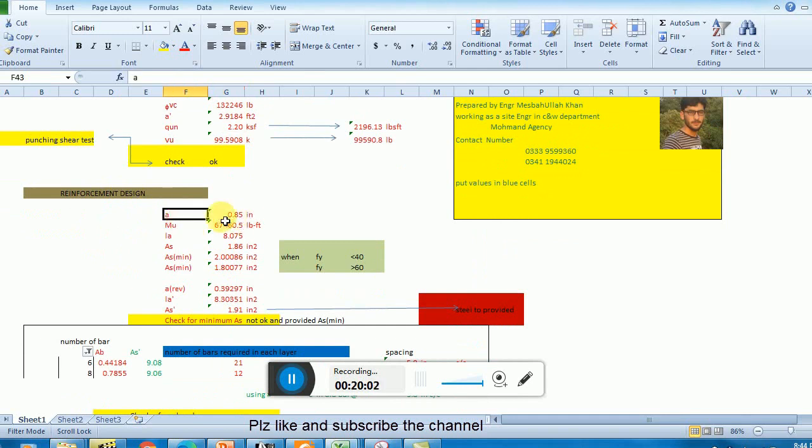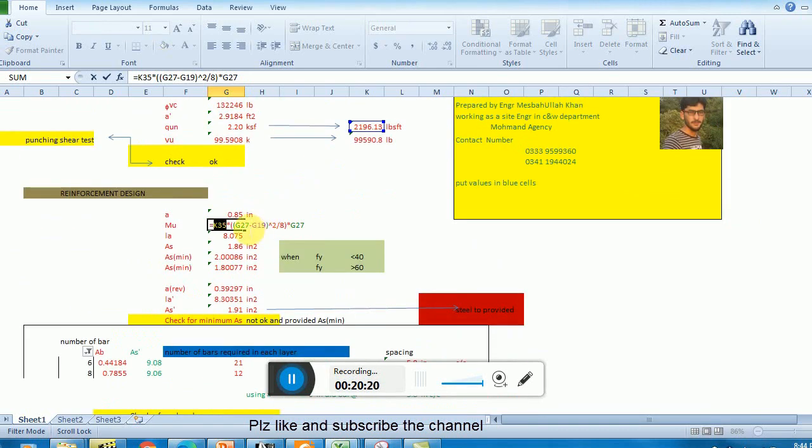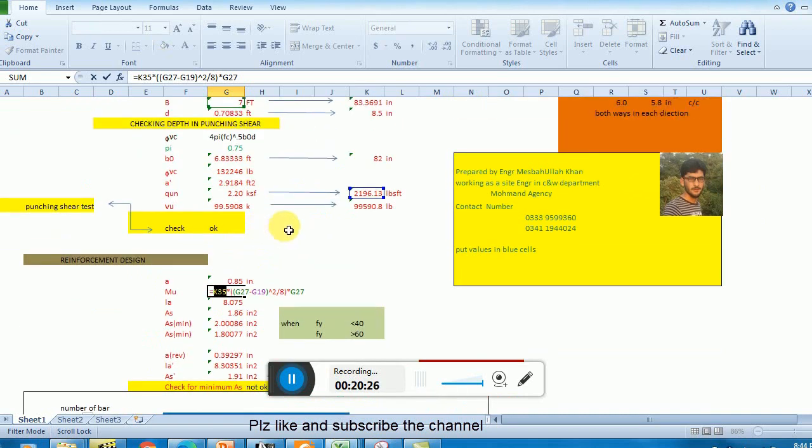Now we have to do the design of reinforcement. Remember, this is the A value, and the A value is basically assumed, that is 0.1 times h, and Mu. Now here we have to make changes. Mu is basically K35 times this length times G27 minus G19.